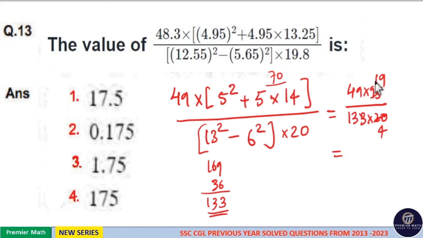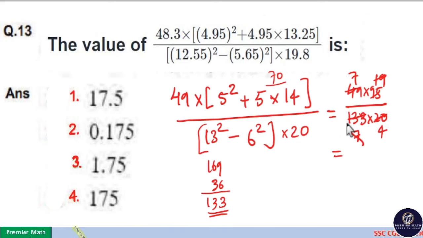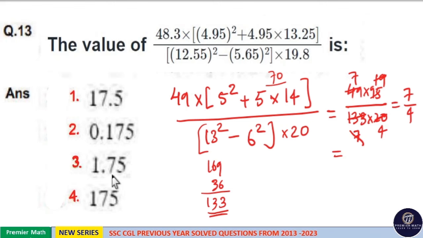Now, 20 goes 7 times in 140. So, 19 goes around 7 times. Now, 7 goes 7 times in 49. Which means, remaining is equal to 7 by 4, which is equal to around 1 point something. So, option 3 is your answer. 1.75 is your answer.